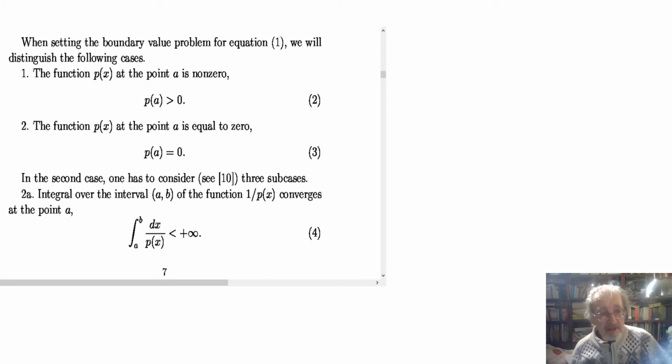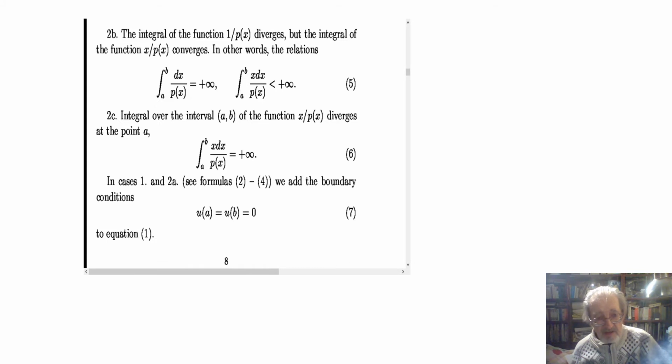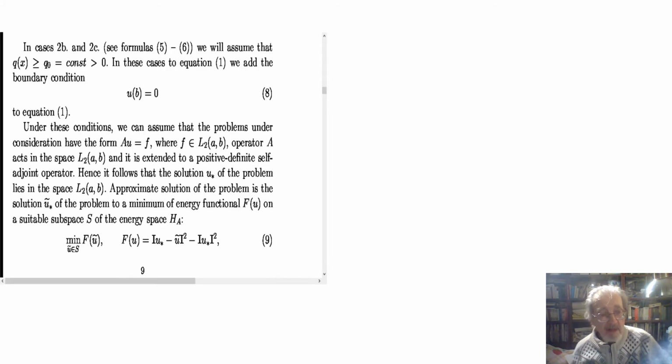We will distinguish the following cases: 2, 3, 4, and so on. Yes, that is for the mentioned theory.